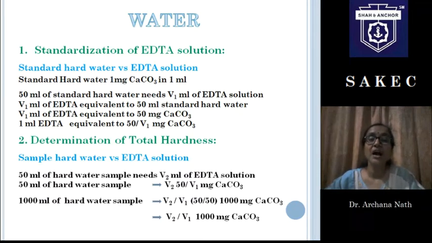For 50 ml hard water sample we have calculated, but we have to calculate it for 1000 ml or 1 liter. So 1000 ml of hard water sample will be V2 by V1. This 50 will cancel, and then we have to multiply it with 1000. So it is V2 by V1 into 1000 milligram of calcium carbonate.